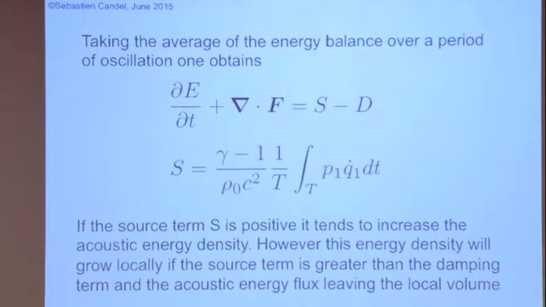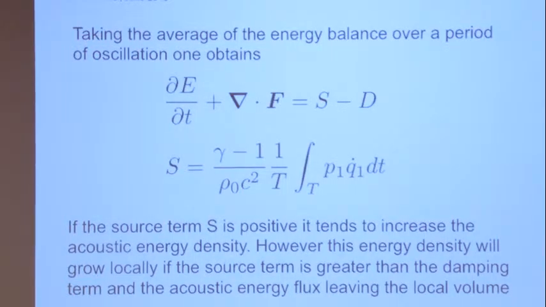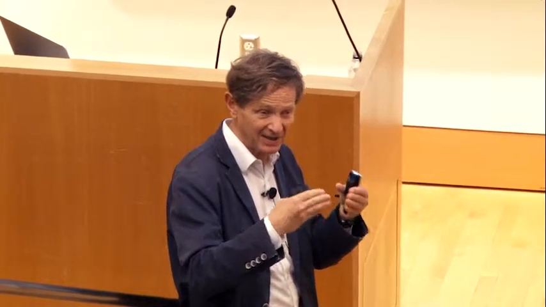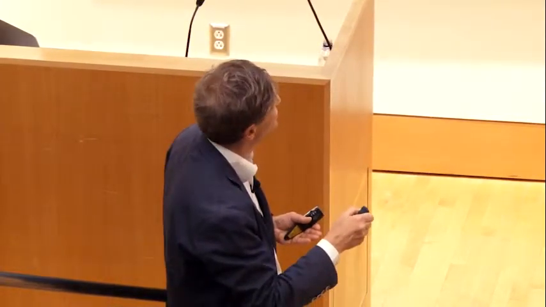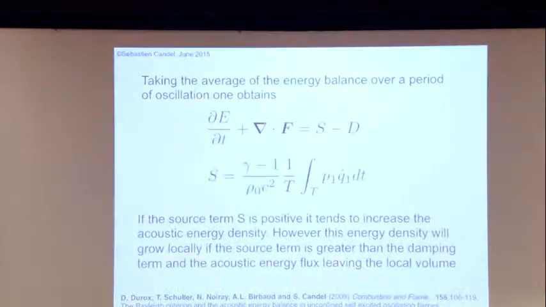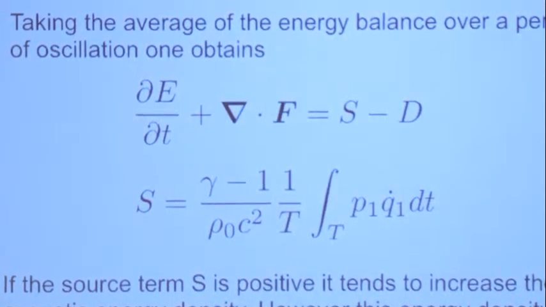If you want to see a little more on the use of this equation, this is closely related to the so-called Rayleigh criterion. Rayleigh explained instabilities by saying that if the pressure and the fluctuation in heat release are in phase, you have a growth of instability. In fact, it's not quite so. You have a growth if this term is greater than the damping and also greater than these fluxes which escape from the boundaries.